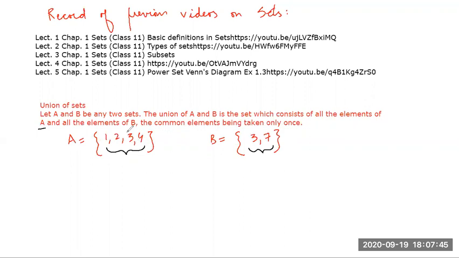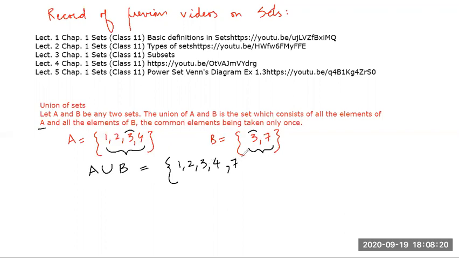But then we see 3 is common in both. So we will take 3 only once, the common elements being taken only once. So this union of sets, students, is represented by A ∪ B, which is equal to a set which has all the elements of A. So let me write down all the elements of A. Then I will see whether any element is there in B. 3 is there, I need not write it.